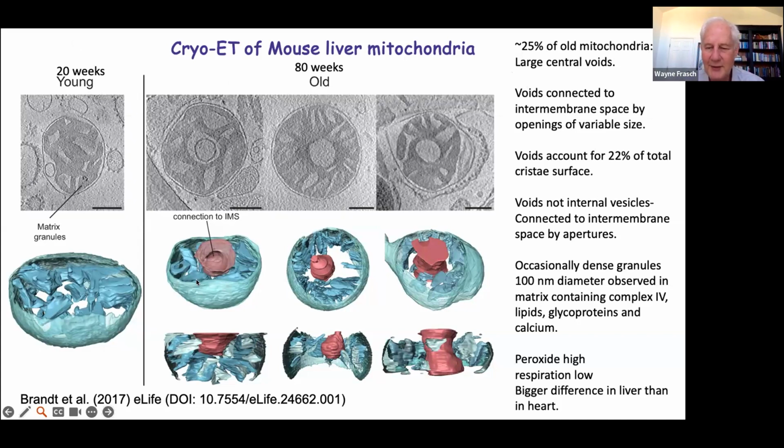And in fact, you'll even get these granular things that form in the middle of them, and where 80% are still healthy. But these are thought to contain the complex 4 and some oxidized lipids and calcium and glycoproteins. And so they're already looking rather sick.